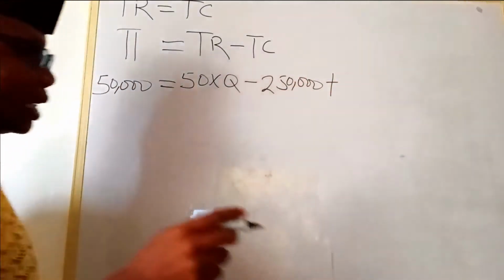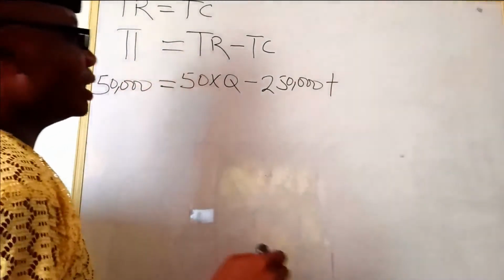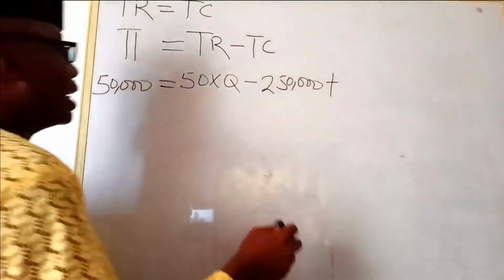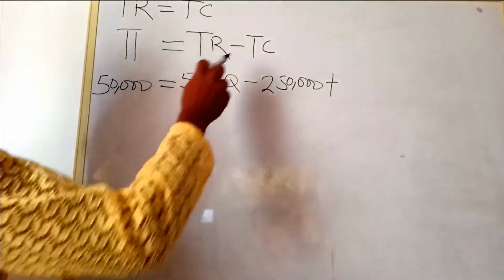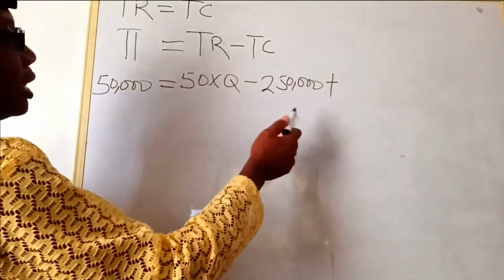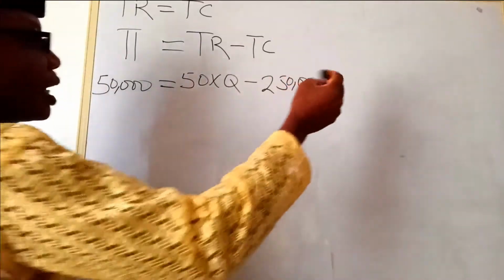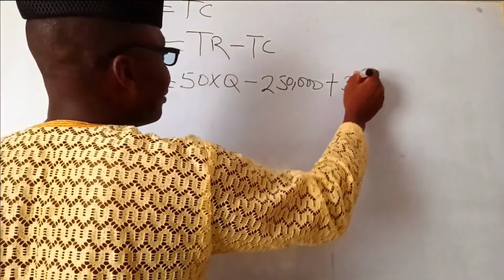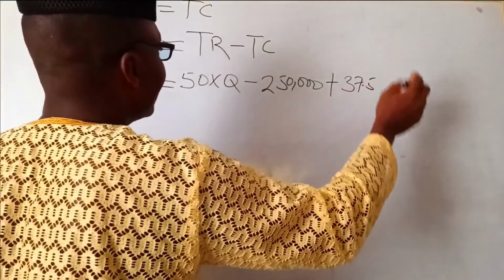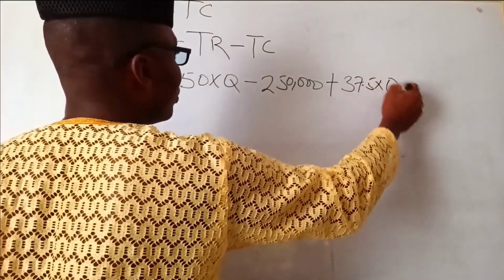We don't know it per se, but we were given the average variable cost to be 37.5. So variable cost in this case will be average variable cost of 37.5 times the quantity Q.